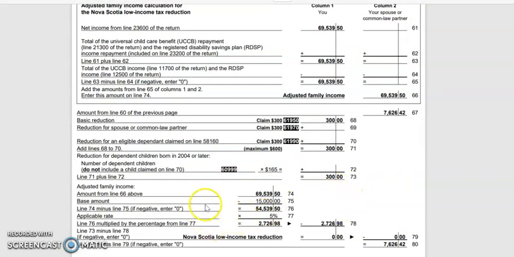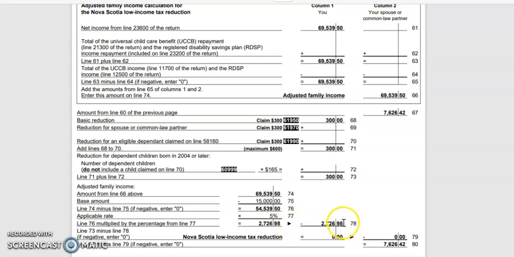So now the adjusted family income, you take your amount from up here, line 66, which is your $69,539.50. We subtract our base amount of $15,000, give us $54,539.50, multiply that by 5%, gives us $2,726.98.